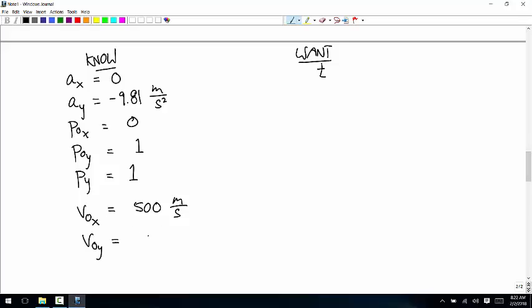So this is the initial velocity when it's launched. Okay? Do you all agree that that's the velocity vector at the instant that it's shot? Okay, and so, yep. Yes, thank you.